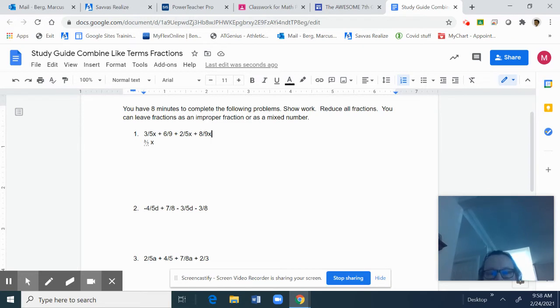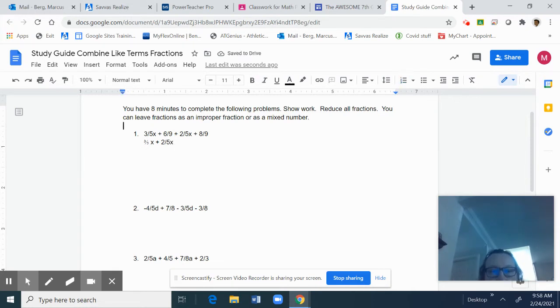And there's this one. So there are 3 numbers with an x. And that one shouldn't be with an x. But let's just get rid of that. So plus 2/5 x.